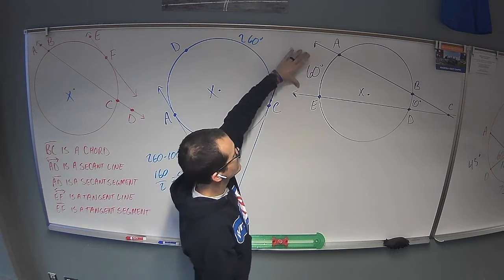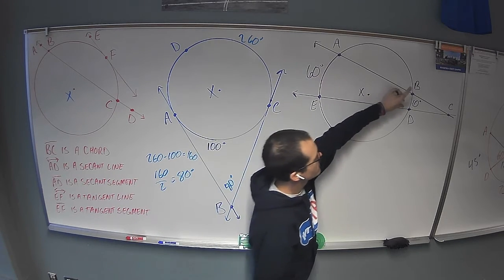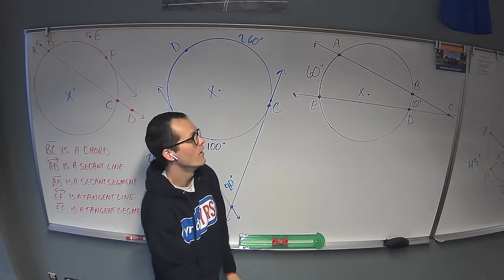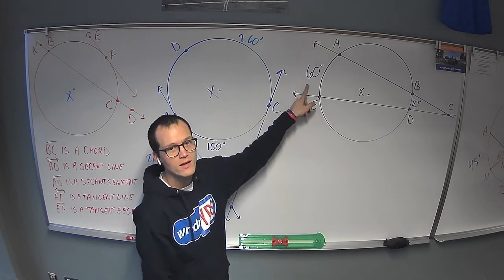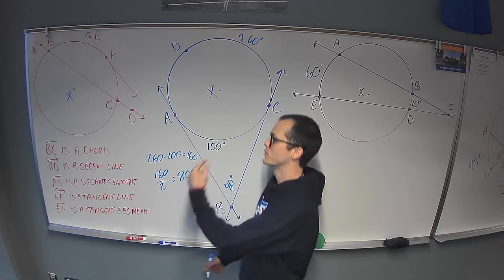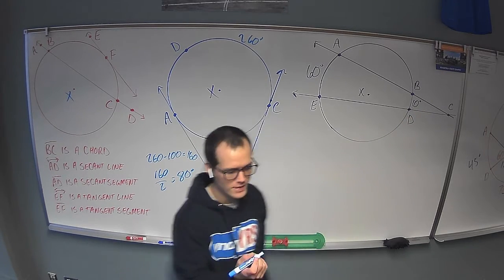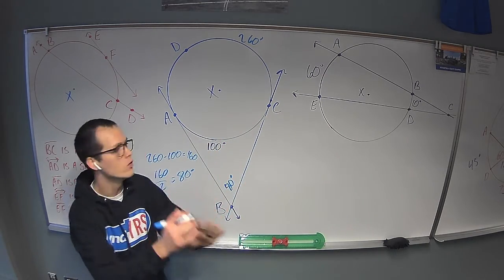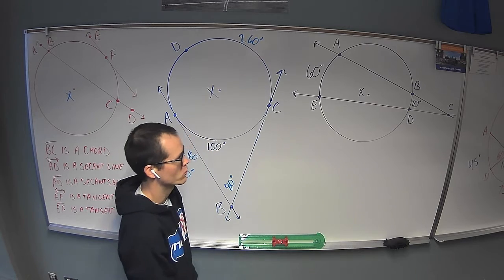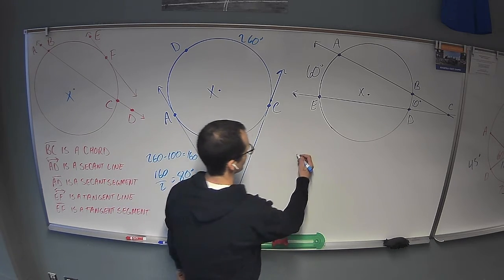In this case, it's AE and BD. So basically all you're going to do is take the big one, subtract from it the little one, and divide it by 2. Just like what we did over here, but slightly modified. It's a smaller angle because if it were the tangent, it would be opening up to the whole entire circle, just touching it once.